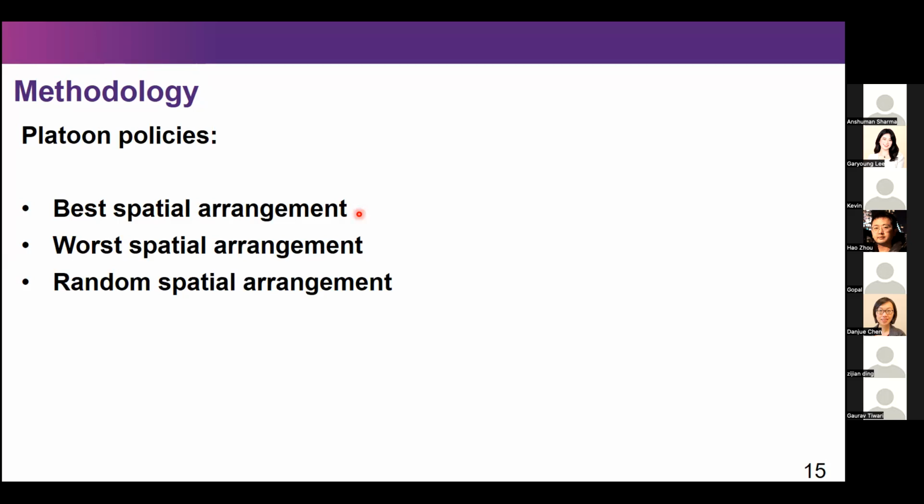Worst spatial arrangement means I distribute my connected vehicles in a traffic stream in such a way that they do not give any benefits to you. And then the random spatial arrangement means that they are distributed in the traffic stream randomly.